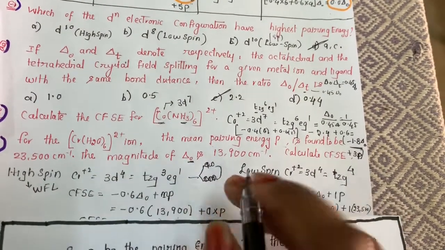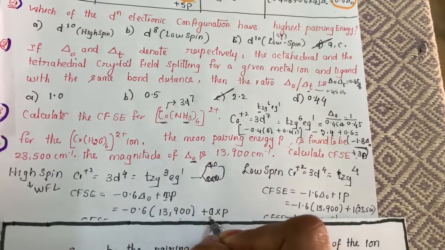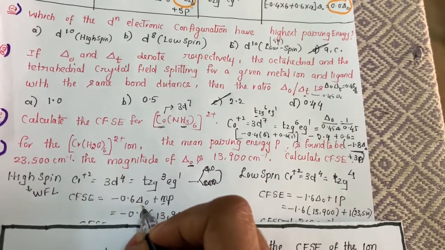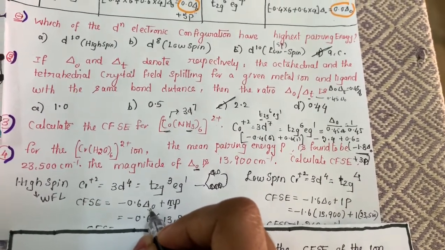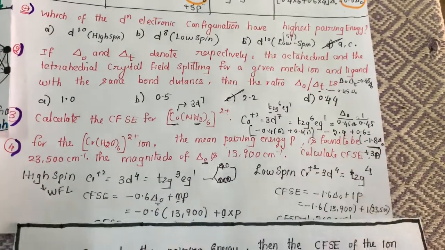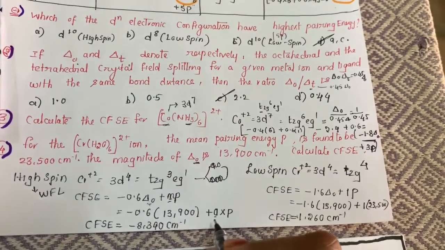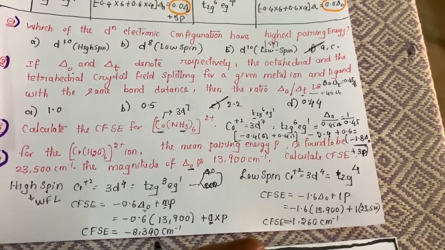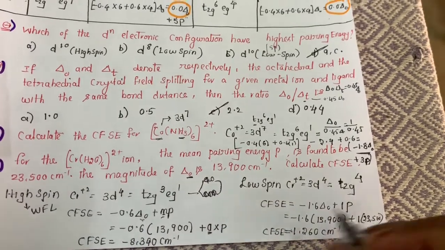No, so the number of paired electrons is 0. The value is 0.6 delta O, and they have already given the delta O value as 13,900. If you substitute, with 0 pairing energy, you get minus 8,340 inverse centimeter.